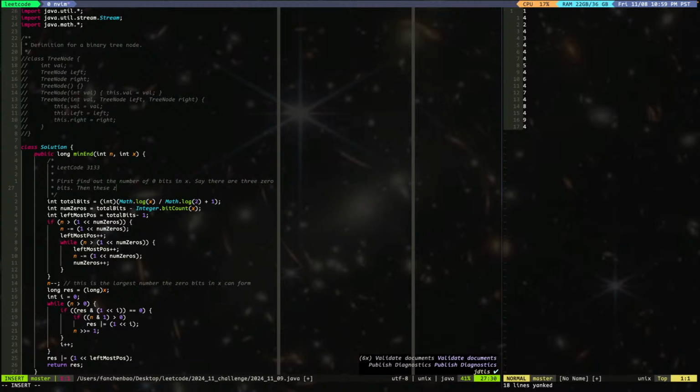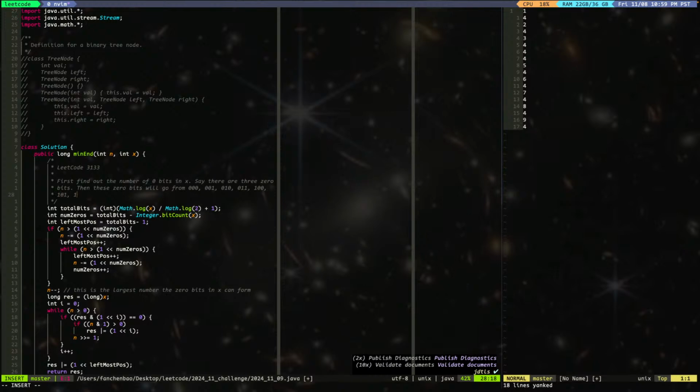Then these 0 bits will go from 0, 0, 0, 0, 0, 1, 0, 1, 0, 0, 1, 1, 1, 0, 0, 1, 0, 1, 1, 1, 0, 1, 1, 1, right? We'll go from this all the way to this, right?